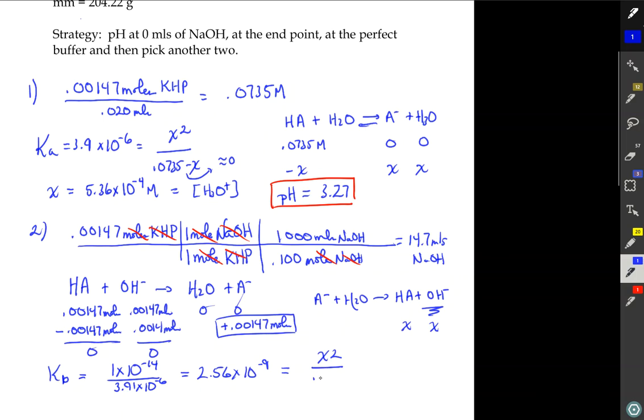It's 0.0424 molar on the bottom. I'll tell you how I got that.